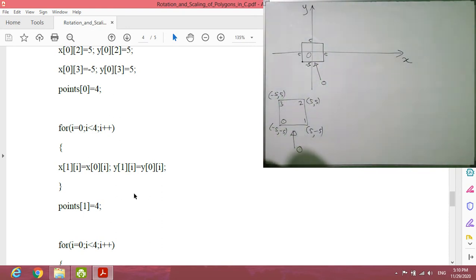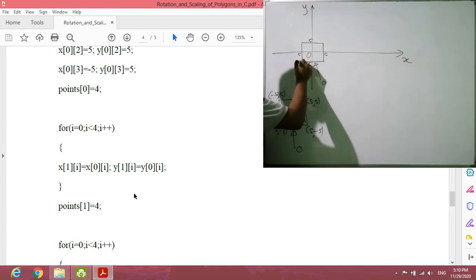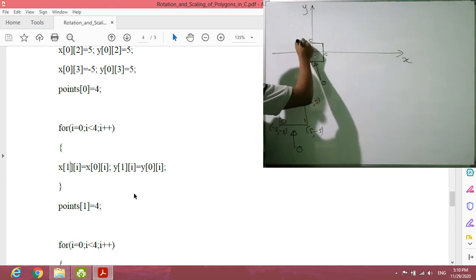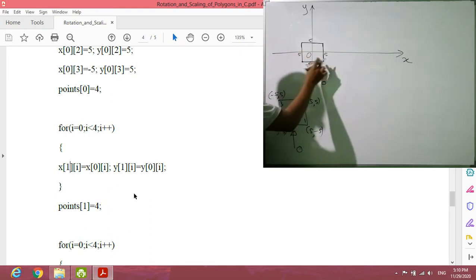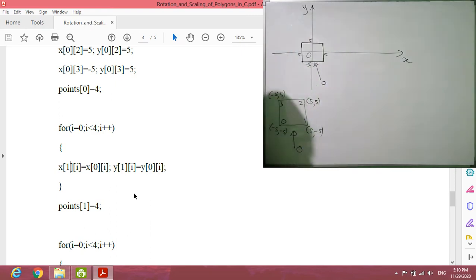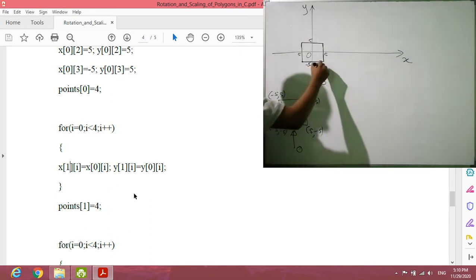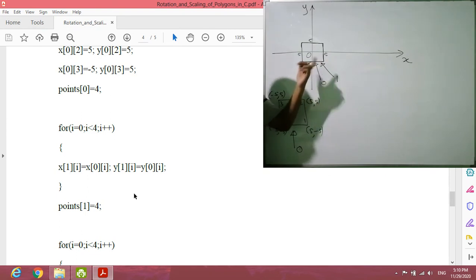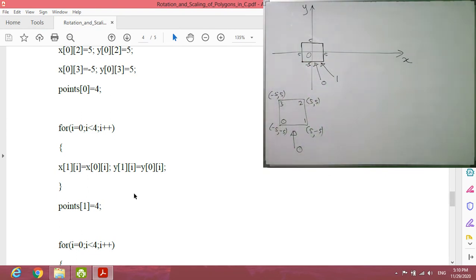We have copied another copy. Now on top of this we have another square. Square means actually we have stored the 4 vertices in the arrays. Now 0 as well as 1, both squares are here. Actually we have stored vertices in the arrays. Okay, that is the meaning.